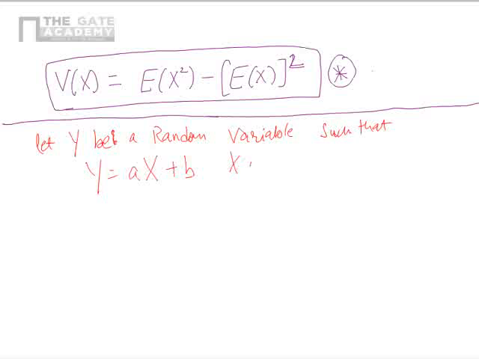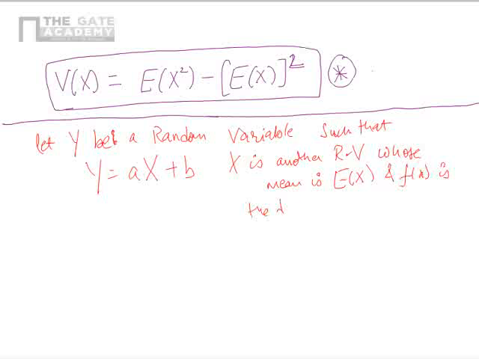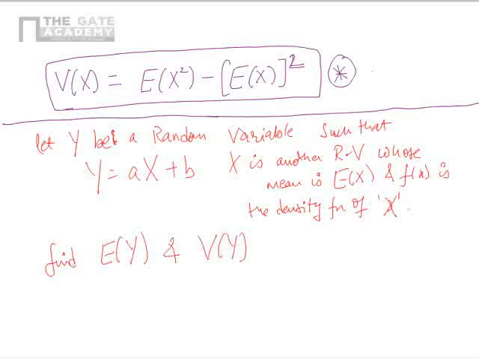X is another random variable, I will write in short form as RV, whose mean is E of x, and f of x is the density function of x. Find E of y and V of y. This is very important. This is one part, let us take this as part A.